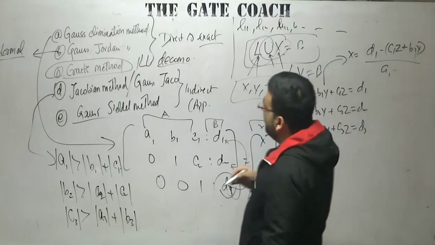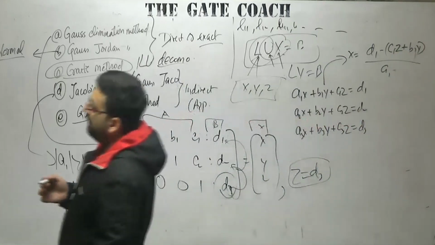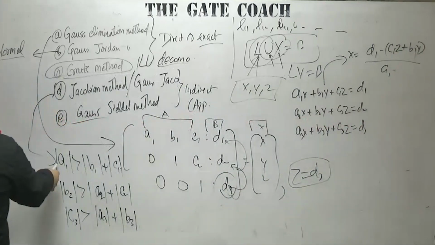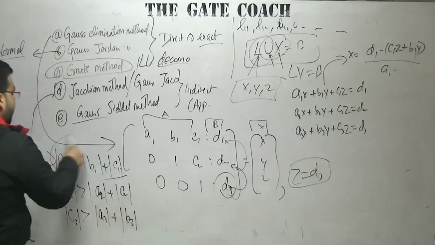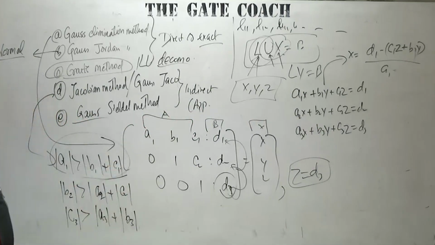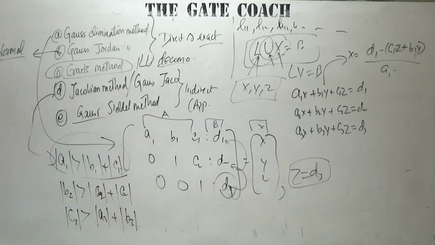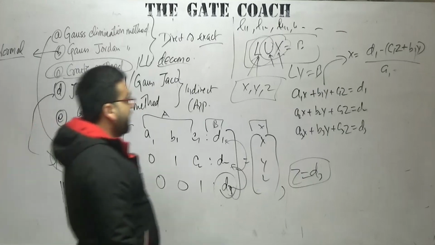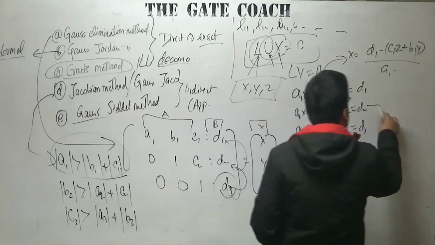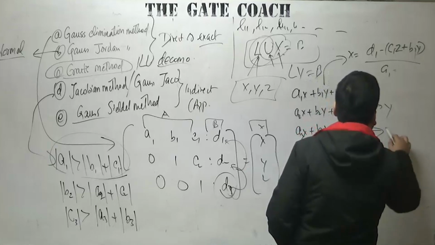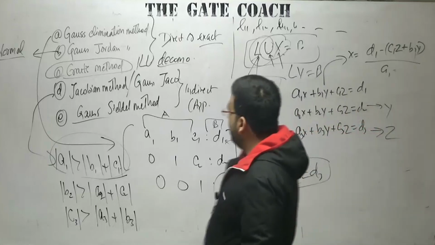This will be the value of x from this equation where a1 is greater than b1 plus c1. Clear? Once you get the value of x, you can also get the value of y from here, and you can get the value of z from here.